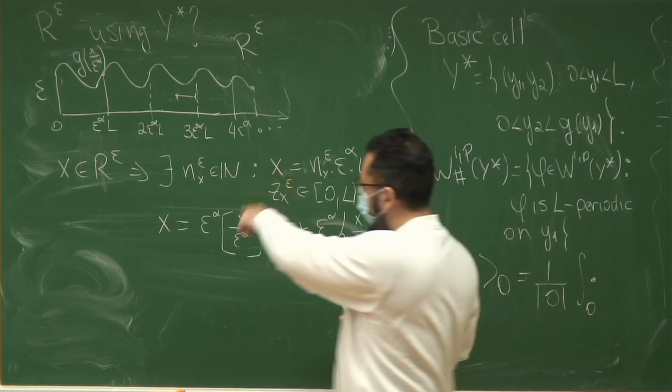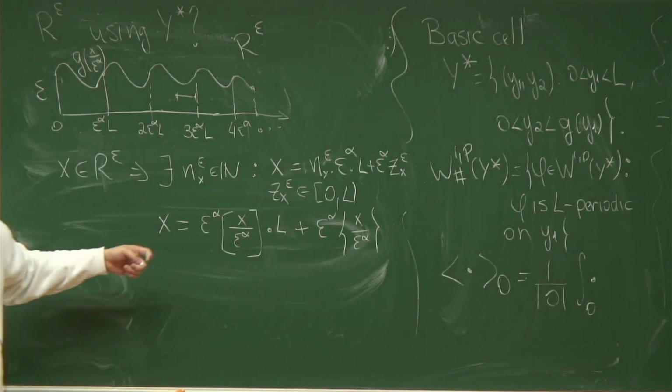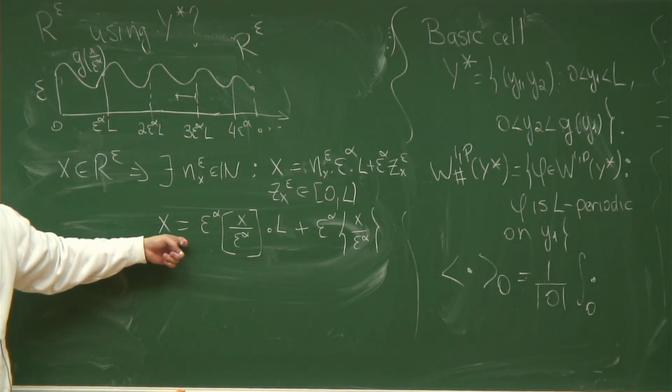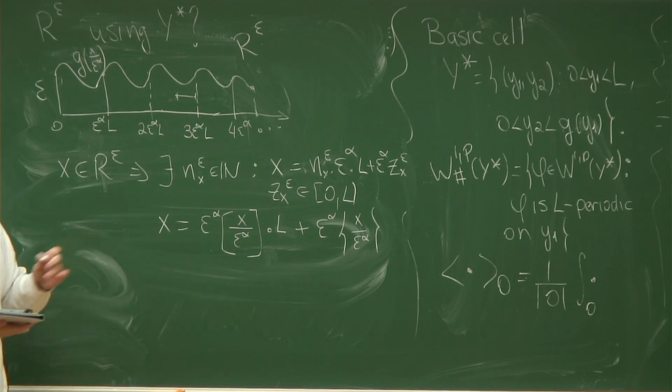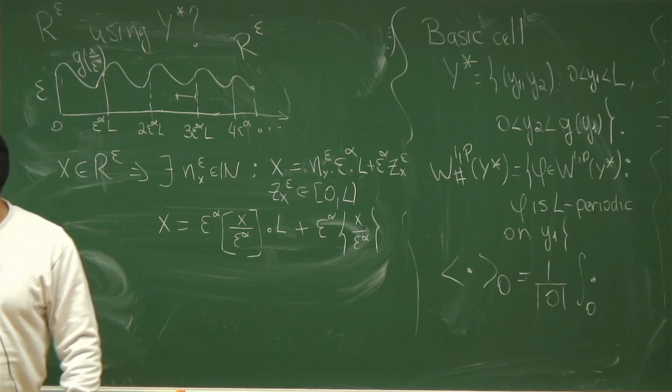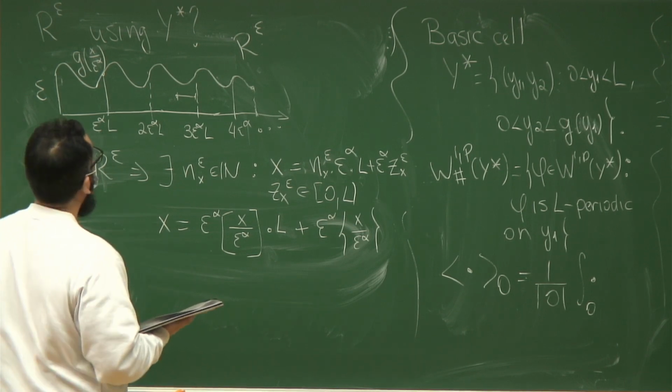So we have the notation of biggest integer. This will play an essential role when we define the unfolding operator.